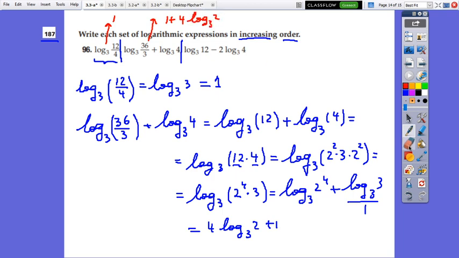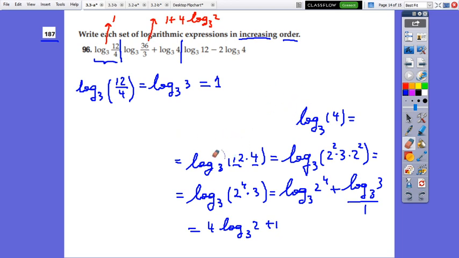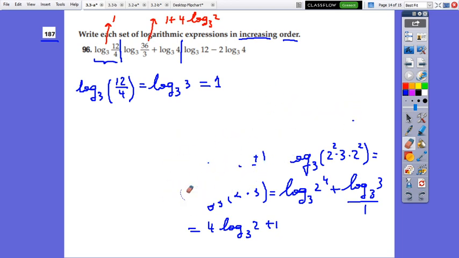And the last one, let's get its simplest form.